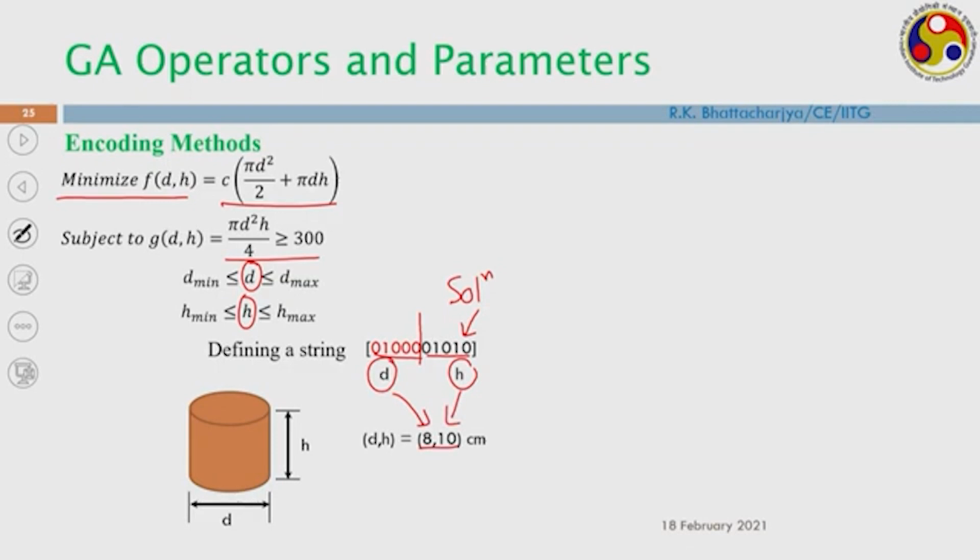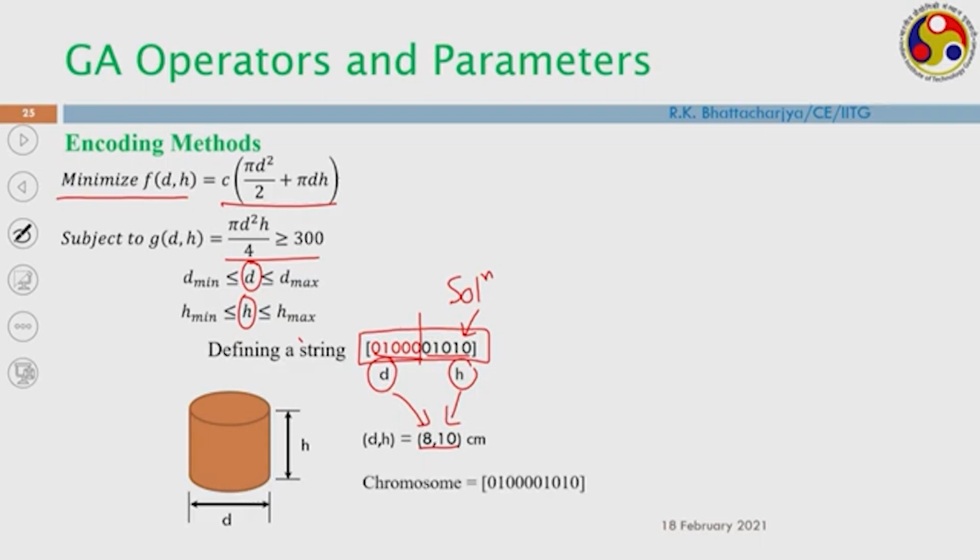I am not using any mapping here; we are directly using the decoded value, and this represents a particular solution string. Okay. Now, once you have defined this chromosome, when we apply crossover, we will apply it on the entire string, not on individual variables. I will discuss this part when I show you the crossover method.